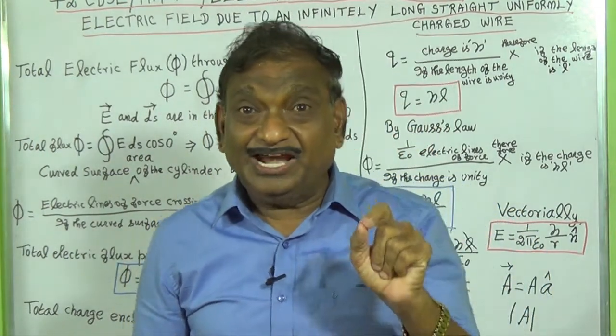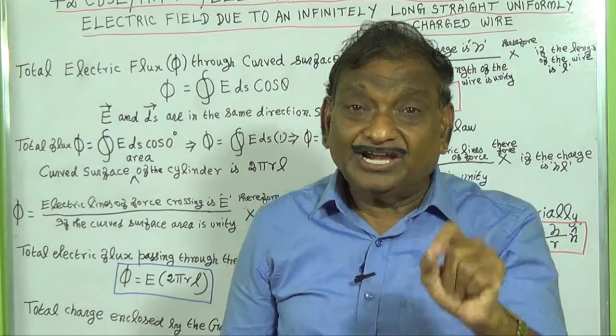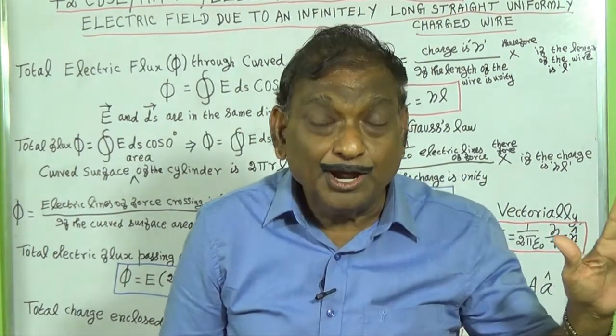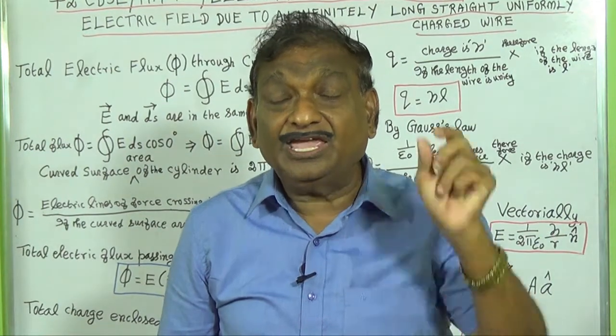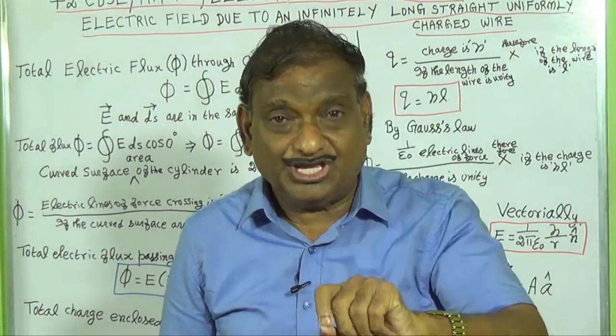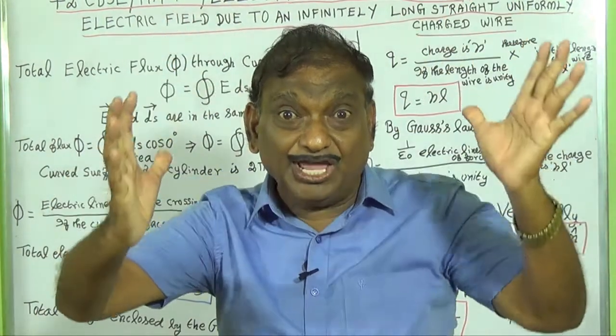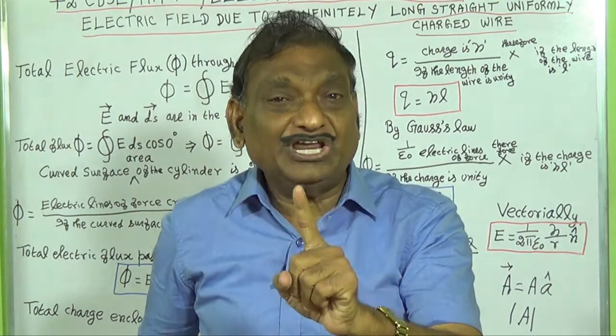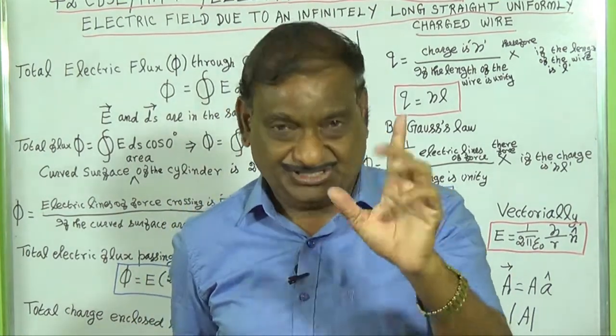But the electric flux is the electric lines of force, there is no doubt at all. But in the electric flux, the electric lines of force are crossing in the total area. So that is the difference between the electric field and the electric flux.